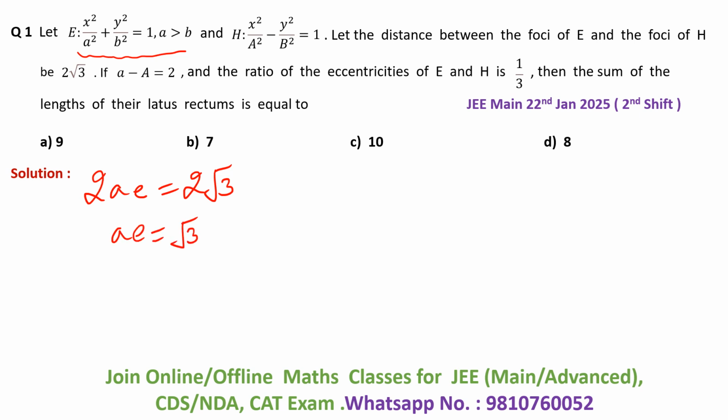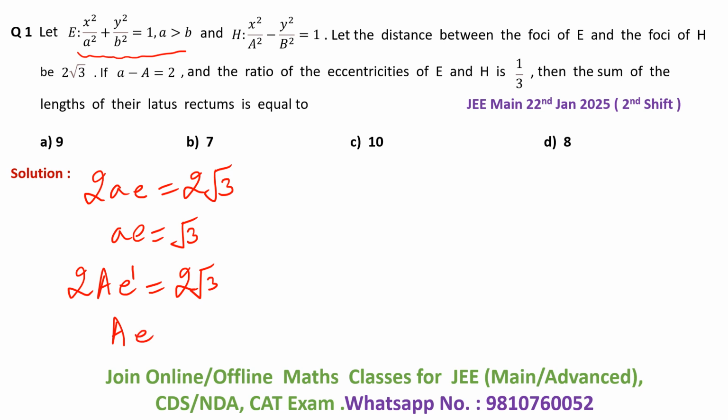Similarly, we have been given the distance between the foci of the hyperbola as 2 root 3, which means 2 into capital A into e dash is equal to 2 root 3, where e represents the eccentricity of the ellipse and e dash represents the eccentricity of the hyperbola, right?